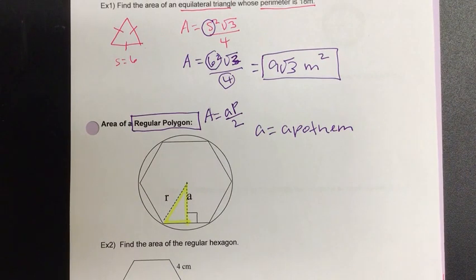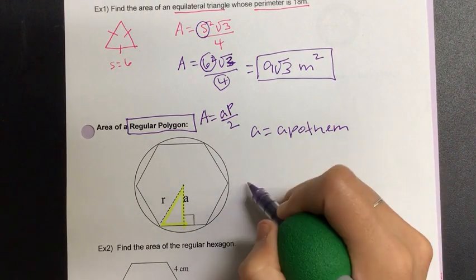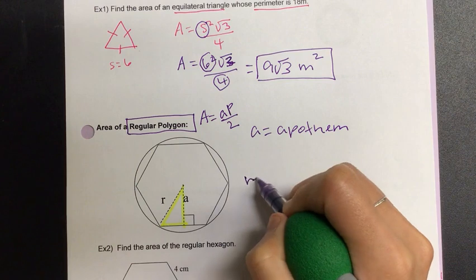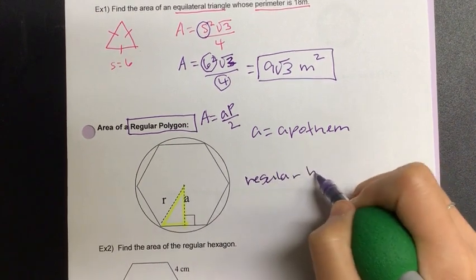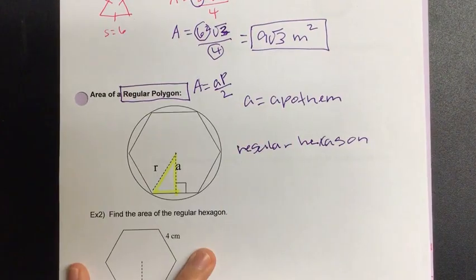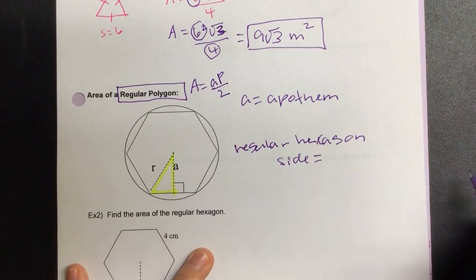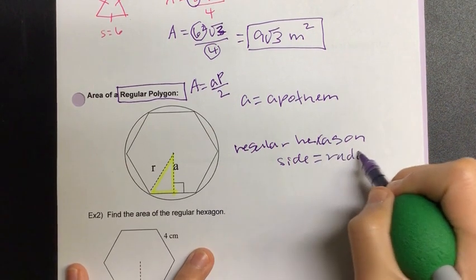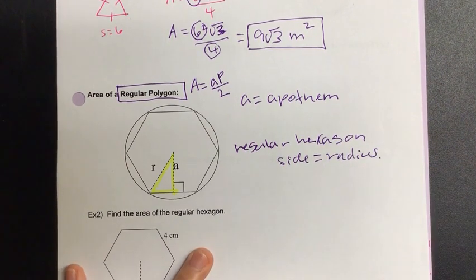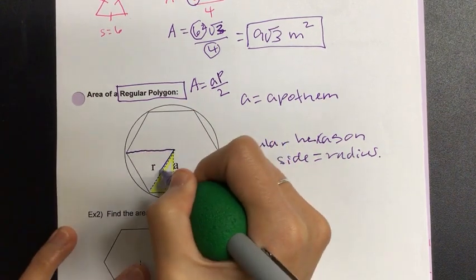Now, there is an interesting fact for a regular hexagon, so I want you to write something out for me. For a regular hexagon, this item will always be true. The side will always be equivalent to the radius. And if I were to elaborate, I want to look at this triangle specifically.